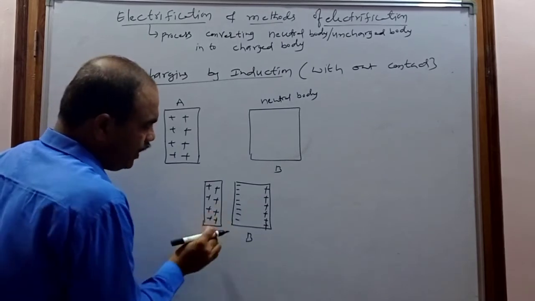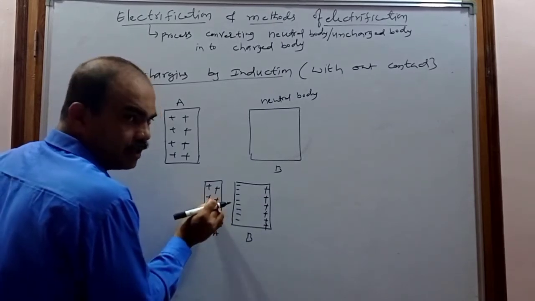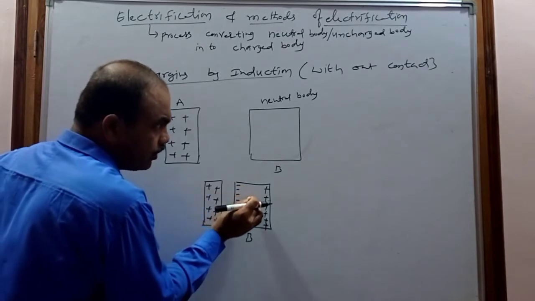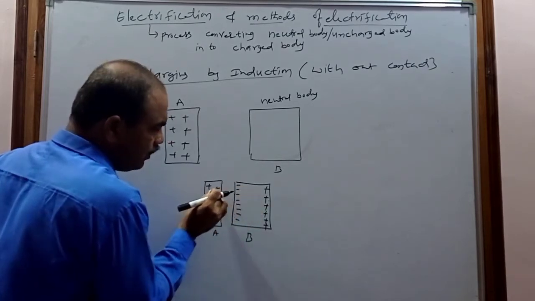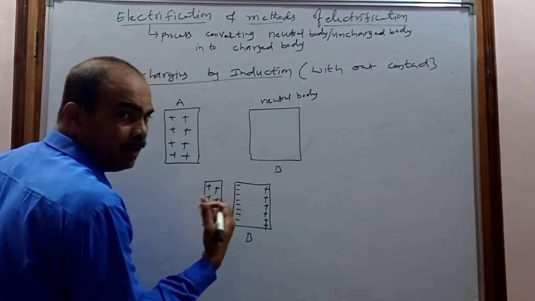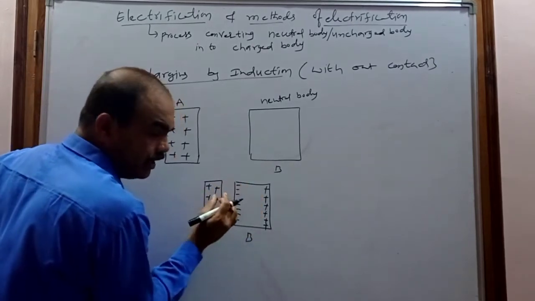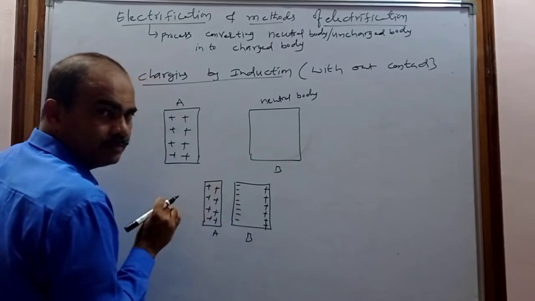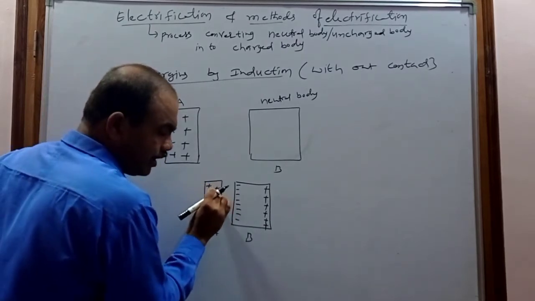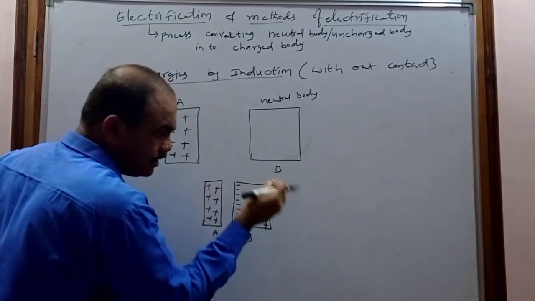So when the charged body is brought very close to this neutral body, it develops the opposite charge at the near end and repels the same charges inside the neutral body.